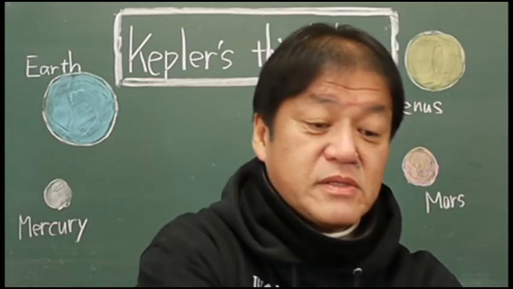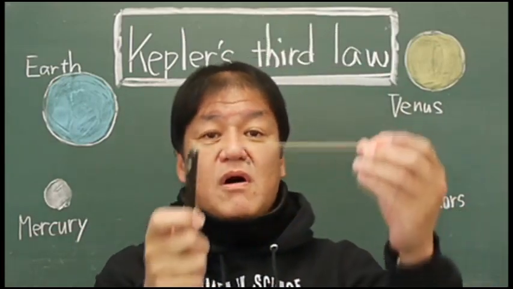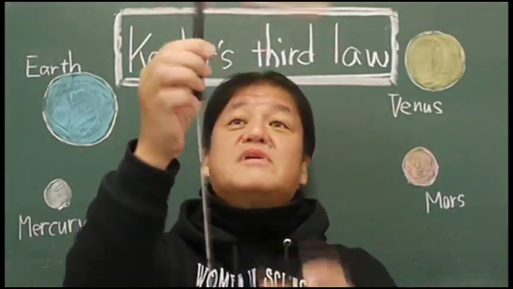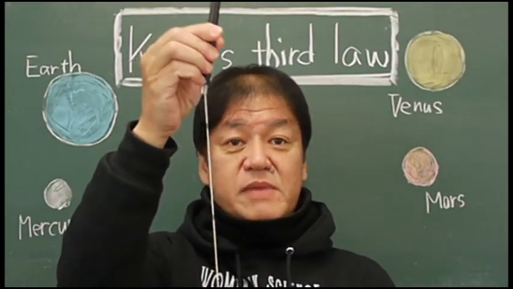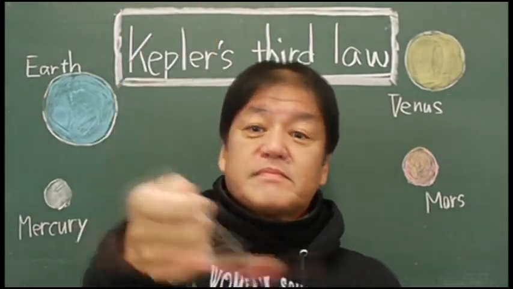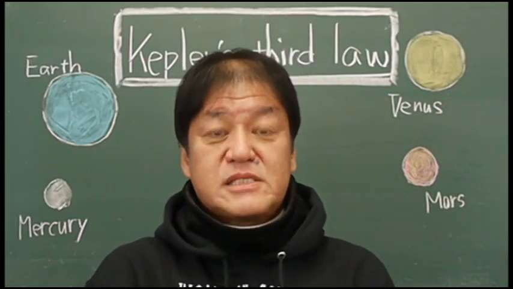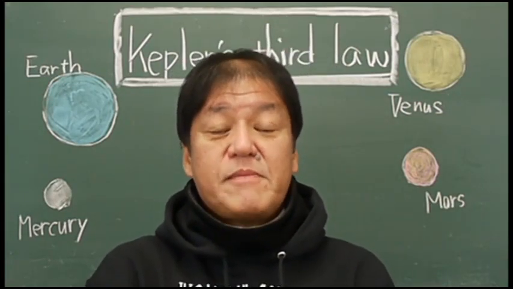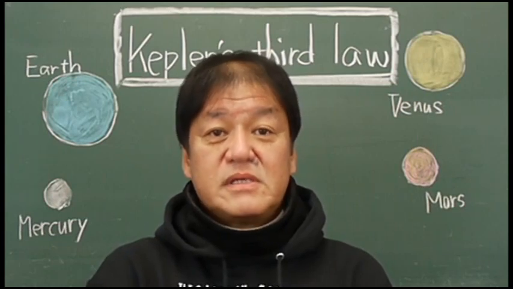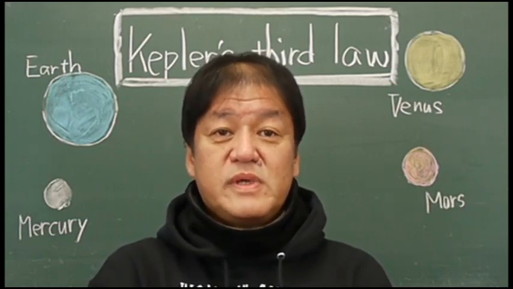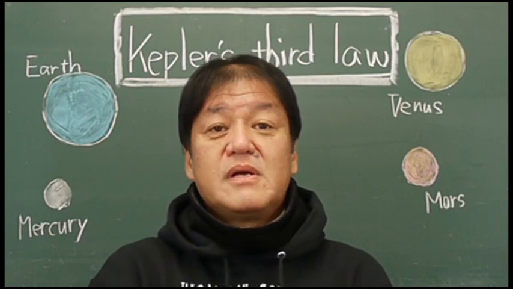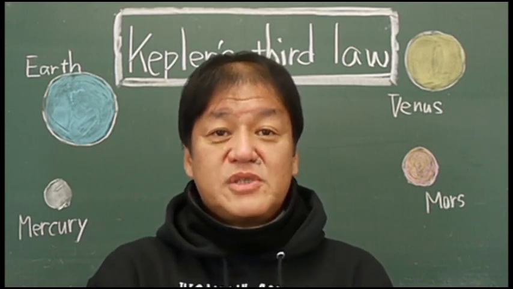This experiment is an improvement of the uniform circular motion experiment. Today I'm going to talk about my experiment about Kepler's law of harmonies that you can do with your students. I hope you will enjoy my lecture.